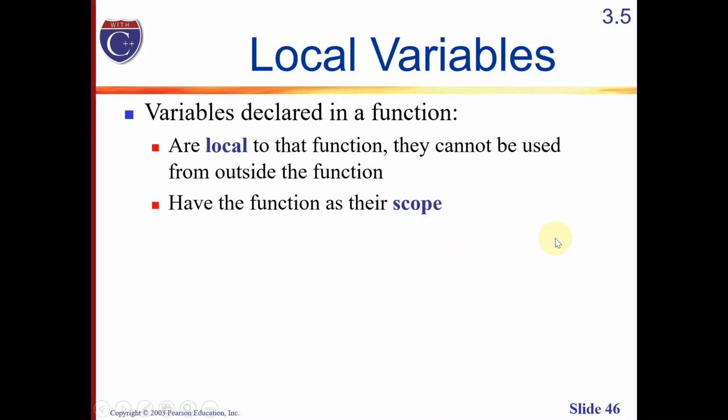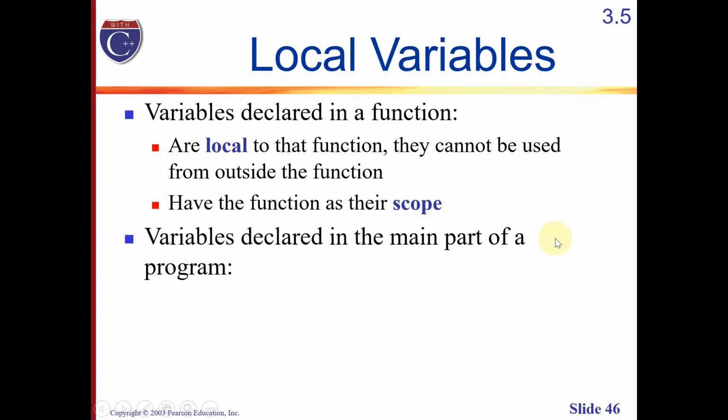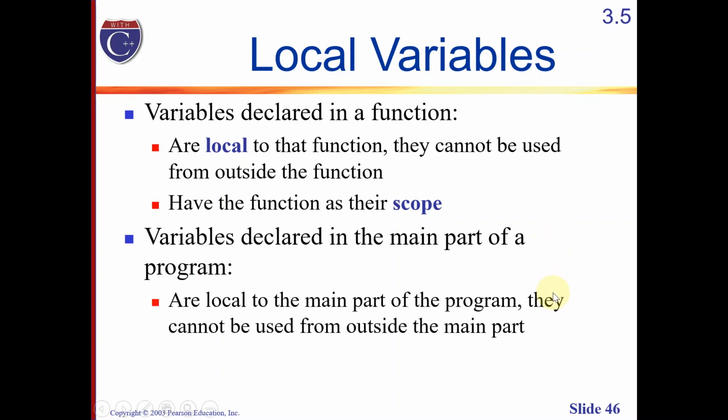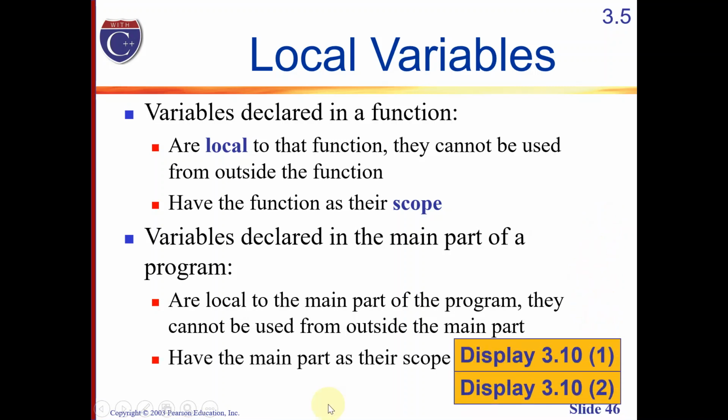On the other hand, variables declared in the main part of a program are only local to the main part of the program, which means they cannot be used from outside the main part, which also means that they only have the main part as their scope.